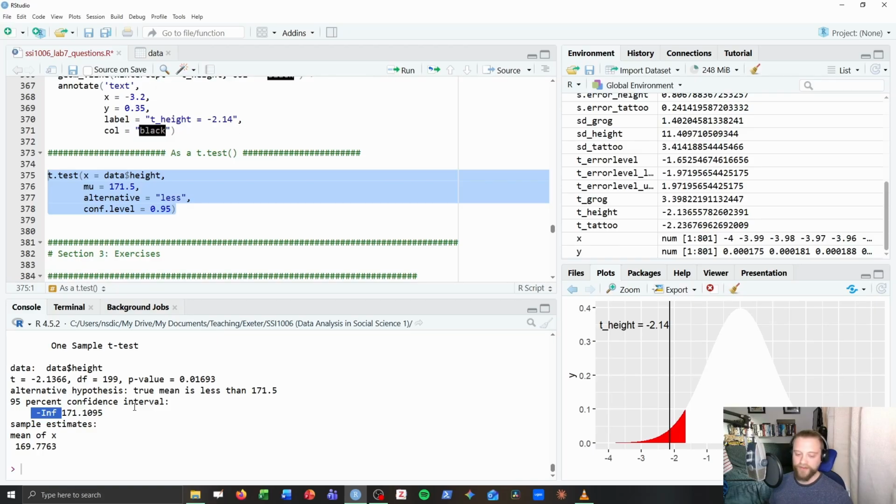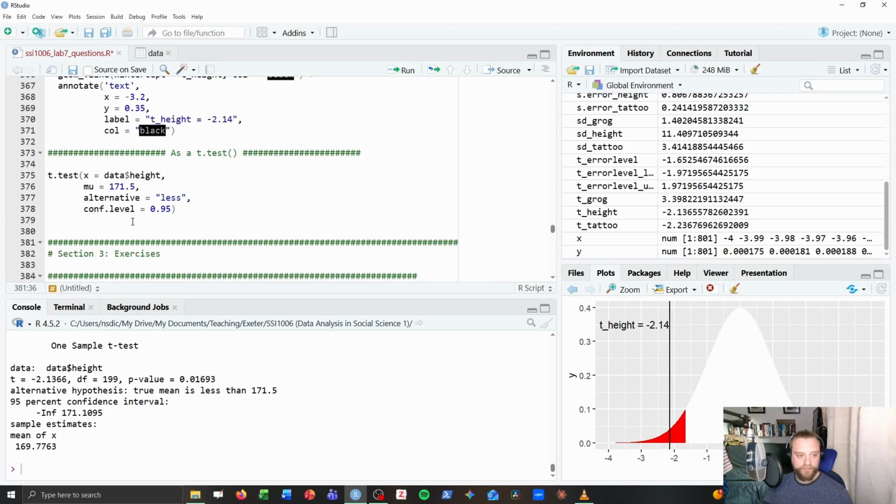But again, it's not a real calculation here. We're not saying that pirates can be infinitely small, just as we weren't saying they can drink an infinitely low amount of alcohol. And that's just our mean. So actually, on average, they were 169.7 high, but it could be as high as that. But this is still less than our 171.5.